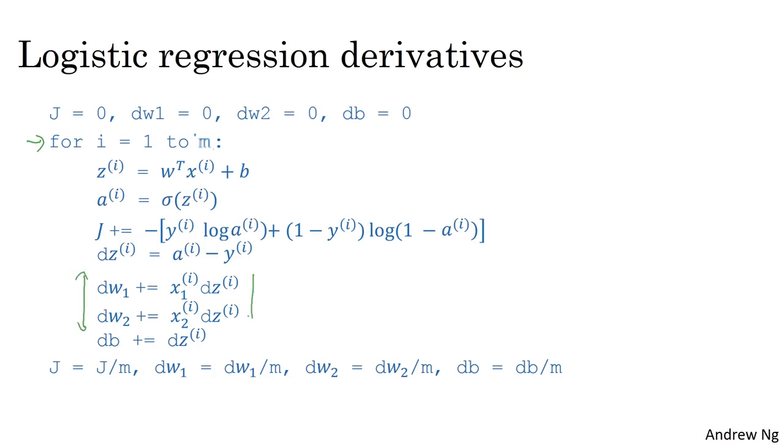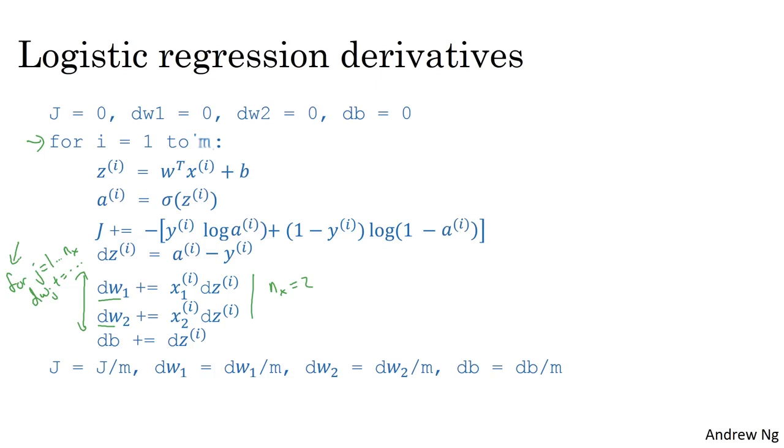In our example, nx equals 2, but if you had more features than just two, then you need to have a for loop over dw1, dw2, dw3, and so on. It's as if there's actually a for j equals 1 to nx, where dwj gets updated. So we'd like to eliminate this second for loop. That's what we'll do on this slide.